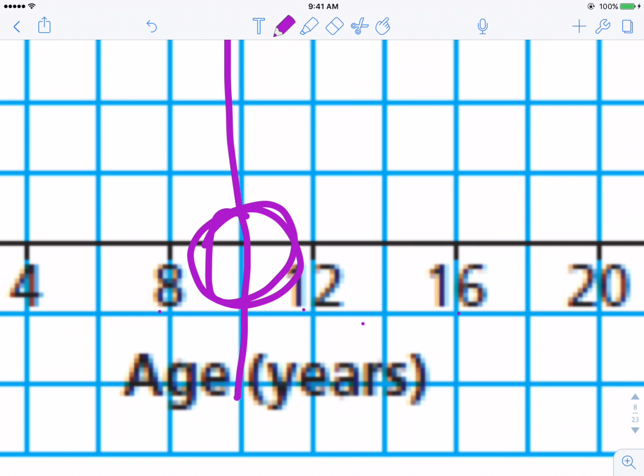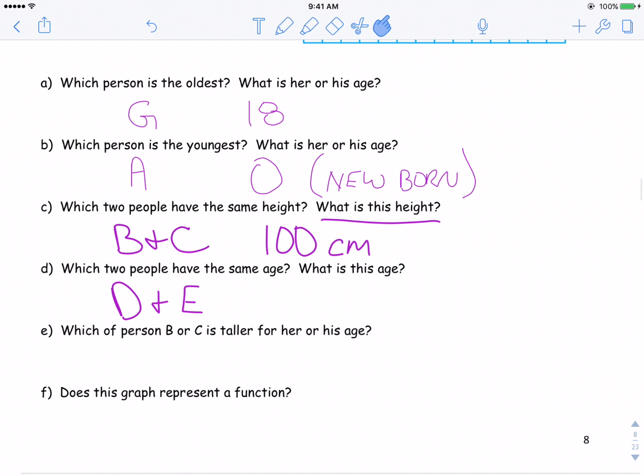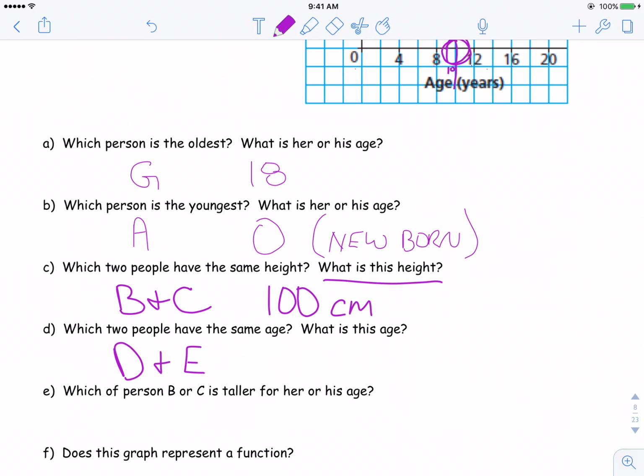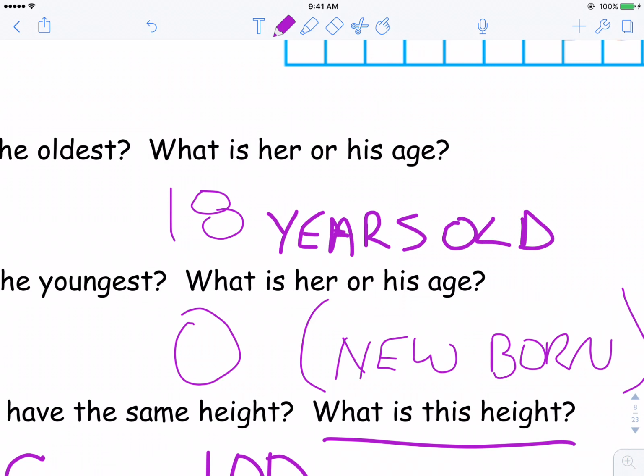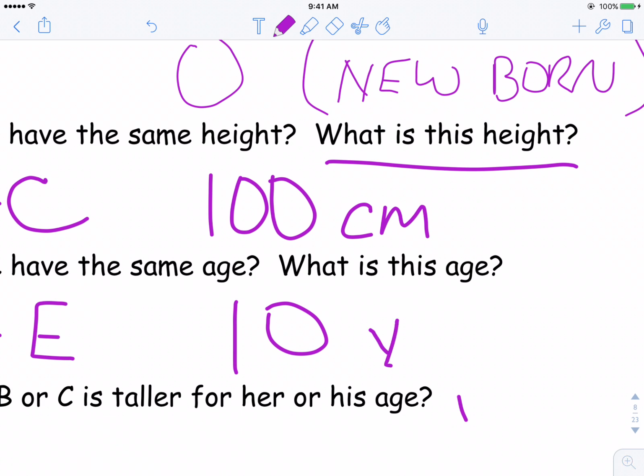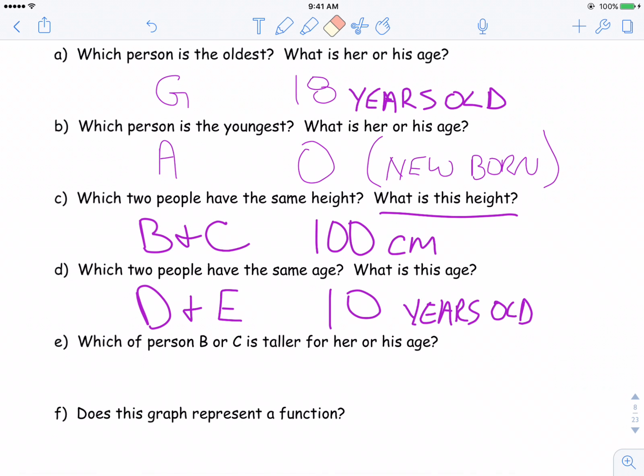If I blow this up a little bit, remember 2, 4, 6, 8. This would be 10, 12, 14, right? So they are 10. Now, if I want to get technical, I would say years old. And 10 years old. Because you should always put the units in if you have the opportunity.